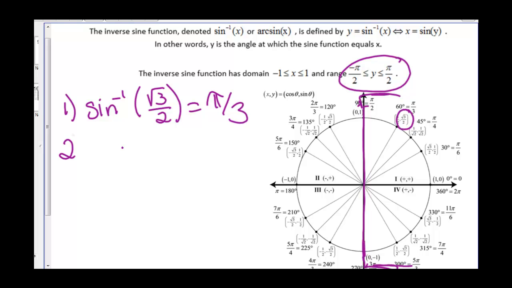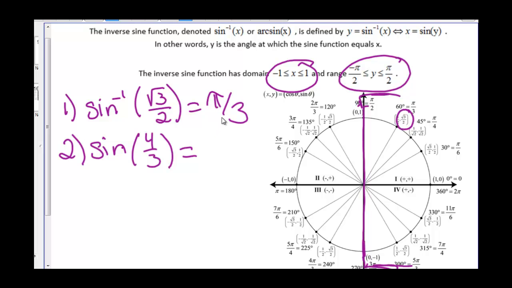Alright, next let's find the inverse sine of 4/3. Well, we have a problem here because 4/3 is not in our domain, negative 1 to 1.